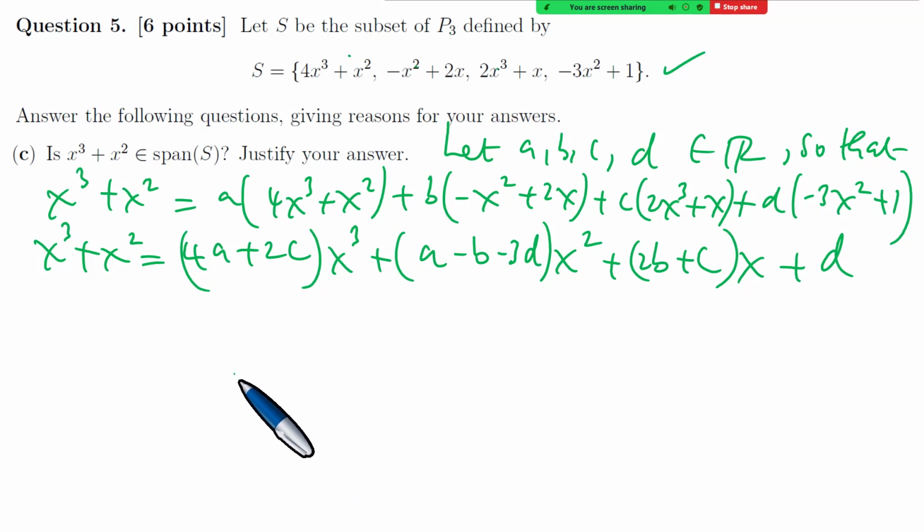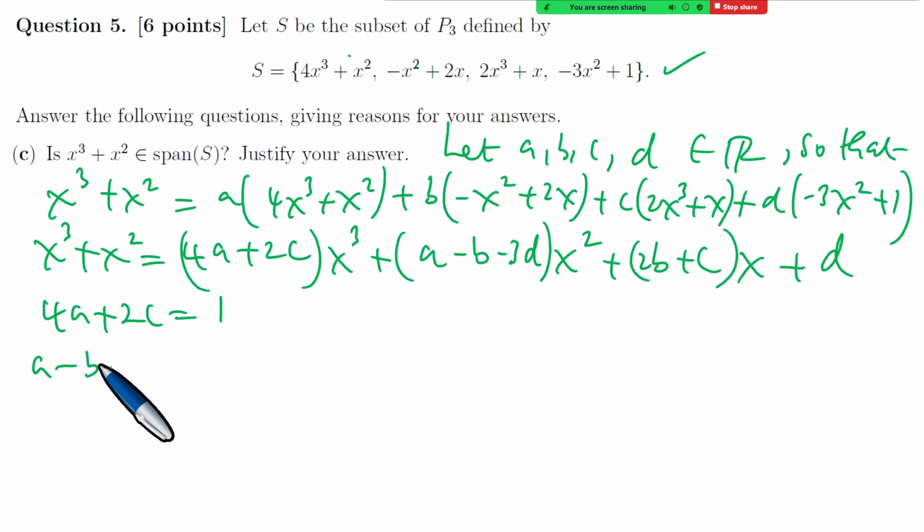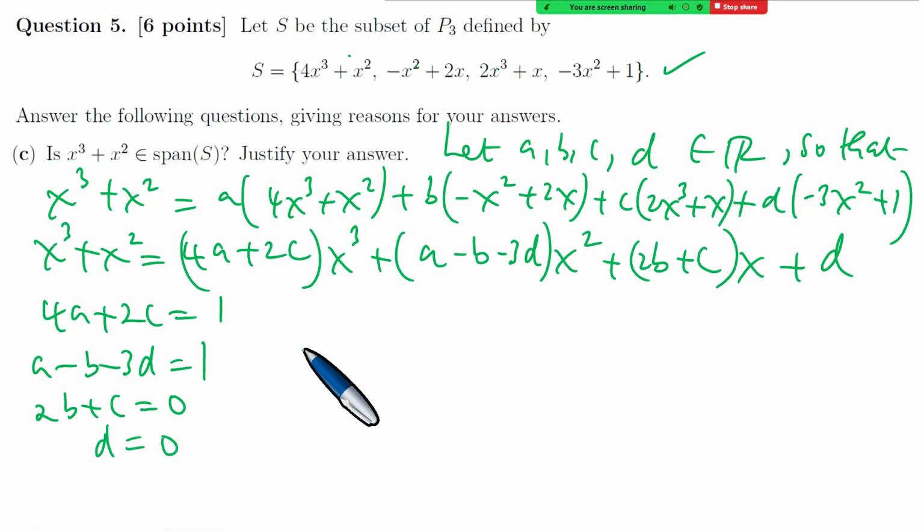This means that we can equate the coefficients. 4a plus 2c is equal to the coefficient of the cubic term. The quadratic one, a minus b minus 3d, is equal to the quadratic coefficient. Then 2b plus c is zero because there's no linear term, and d equals 0 because there's no constant.